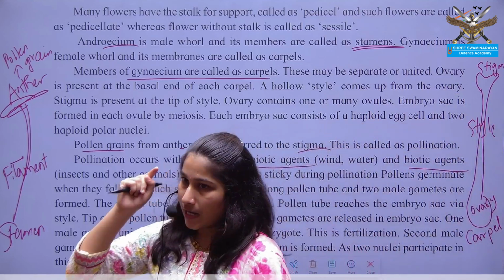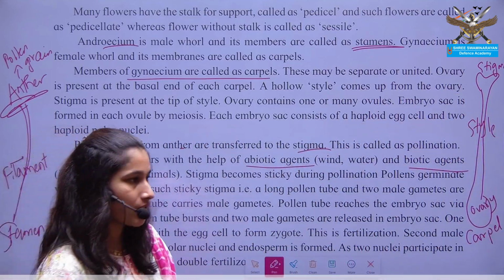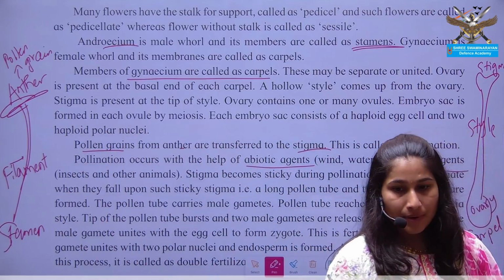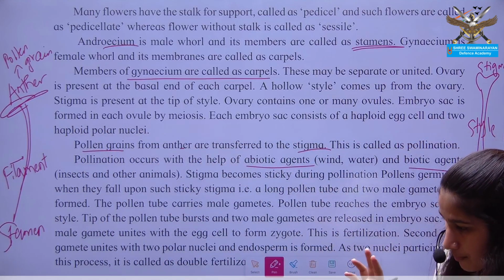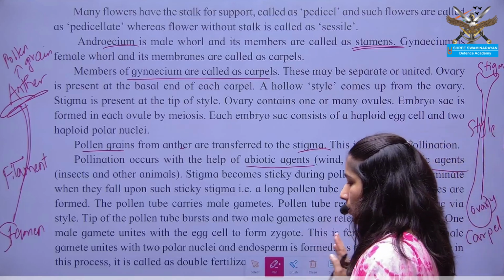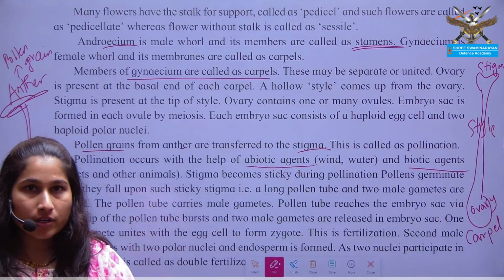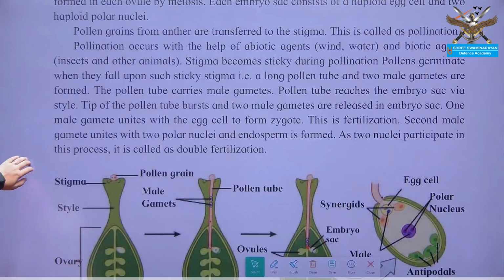Different agents are involved in the process of pollination. What are the agents? Abiotic and biotic. Biotic means all living organisms, and abiotic means non-living things such as wind, water, etc.